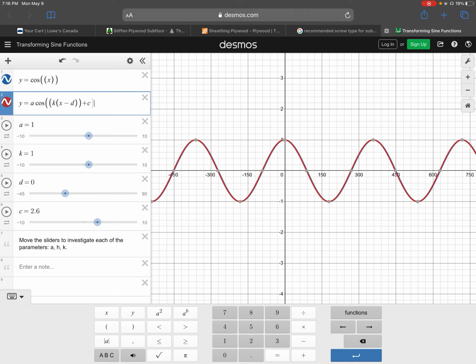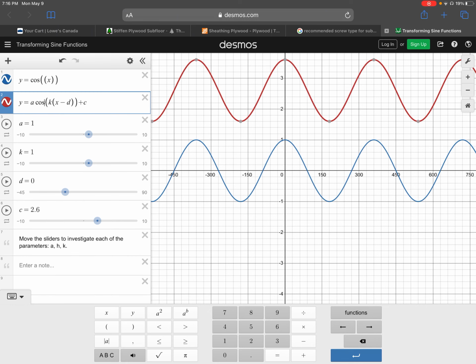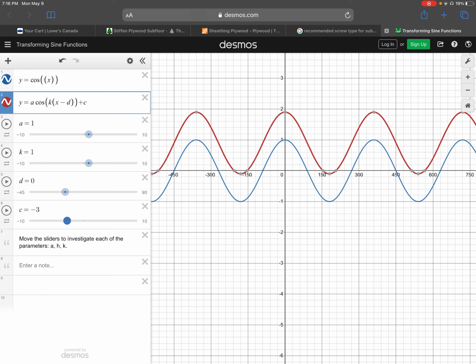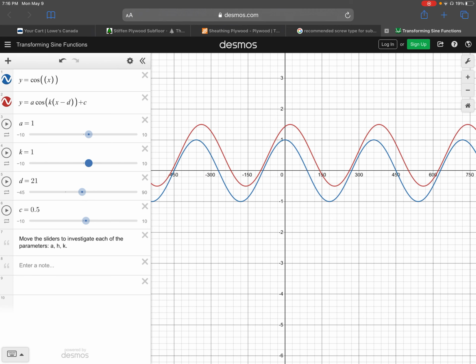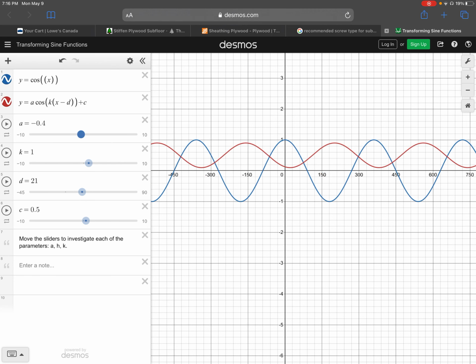Be careful with those brackets. They need to be in the right spots. So there we go. You can see all of them kind of do the same thing. Go ahead and play around with this and get comfortable with all the transformations.